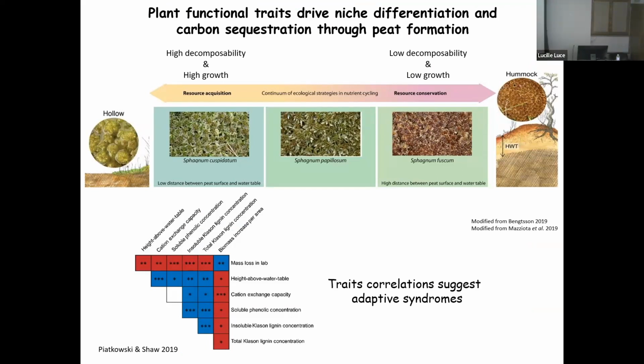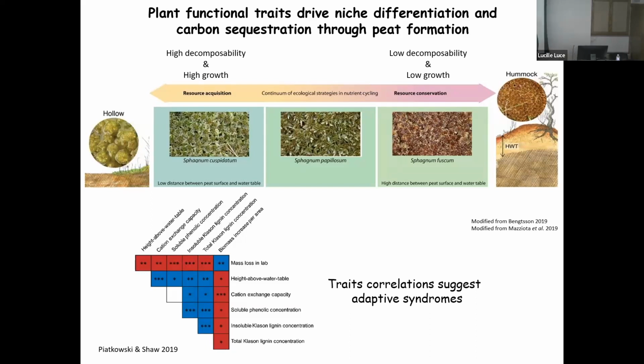And at one end of the spectrum, there are these species that occupy hollows, and they tend to have high decomposability within the context of sphagnum, high growth rates, but they don't form hummocks because they decompose too quickly and they don't build up peat. At the other end of the spectrum, there are species that form hummocks. They grow slowly, but they decompose exceptionally slowly, so they build up these hummocks.